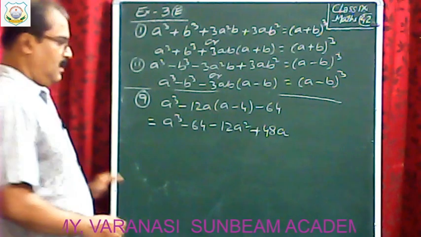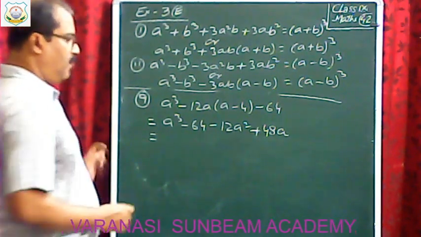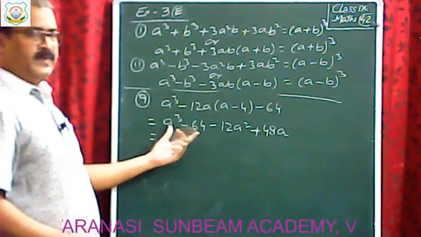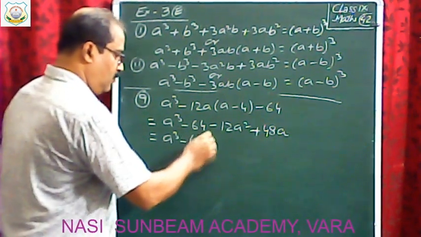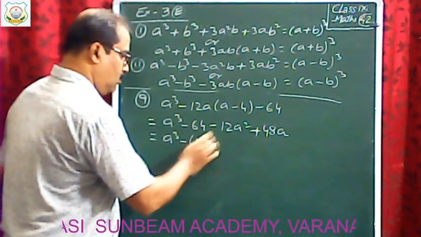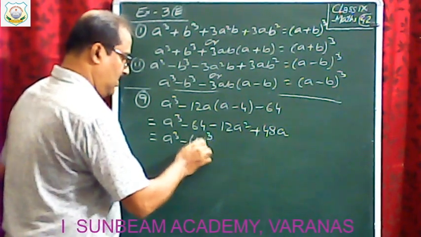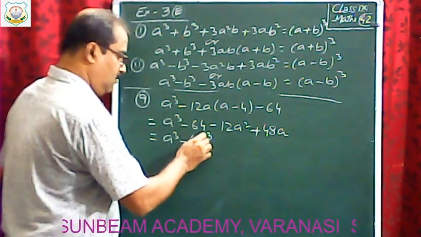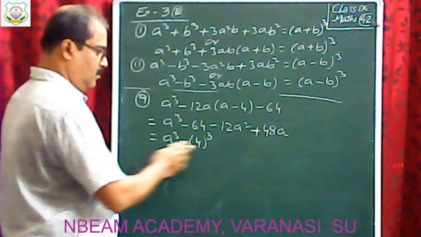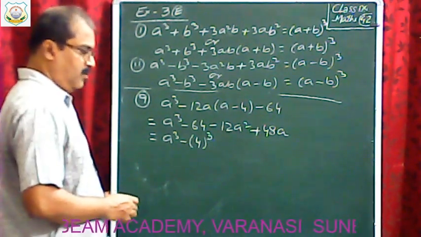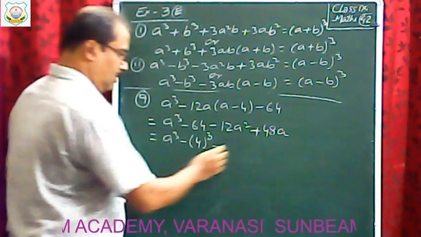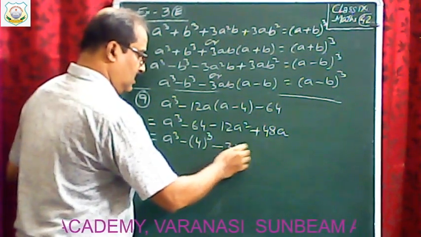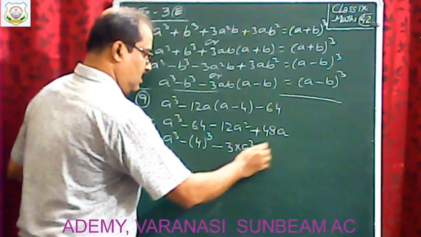Thereafter we have to formulate. Out of 4 terms, 2 are perfect cube terms. a cube minus 4 cube. a is a, b is 4. Minus 3a square into b.